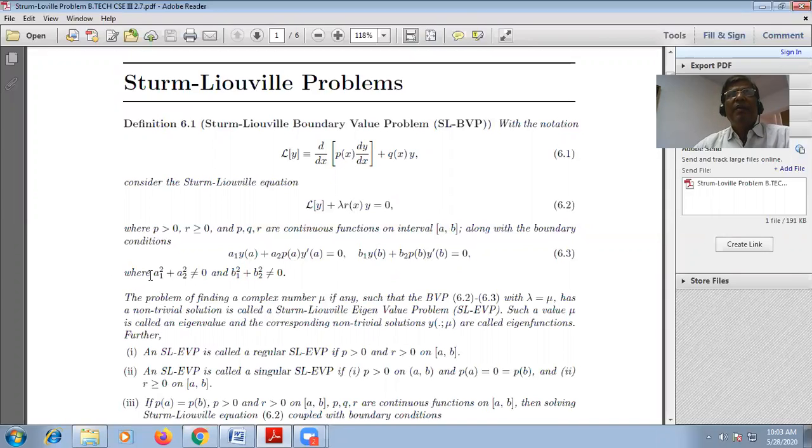where a1 squared plus a2 squared is non-zero, meaning it is not equal to 0, and b1 squared plus b2 squared is not equal to 0.